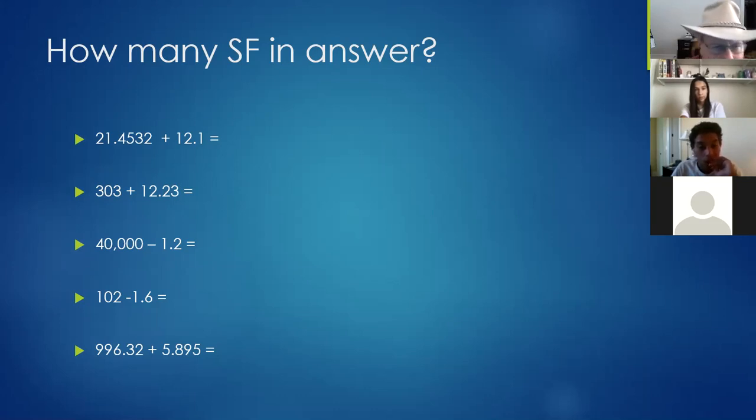Now, Gavin, you have your calculator with you. Yes. All right, add 996.32 and 5.895. Give me the rough answer. 1002.215. Okay. What's your answer? How far does your answer go to the right of the decimal place?